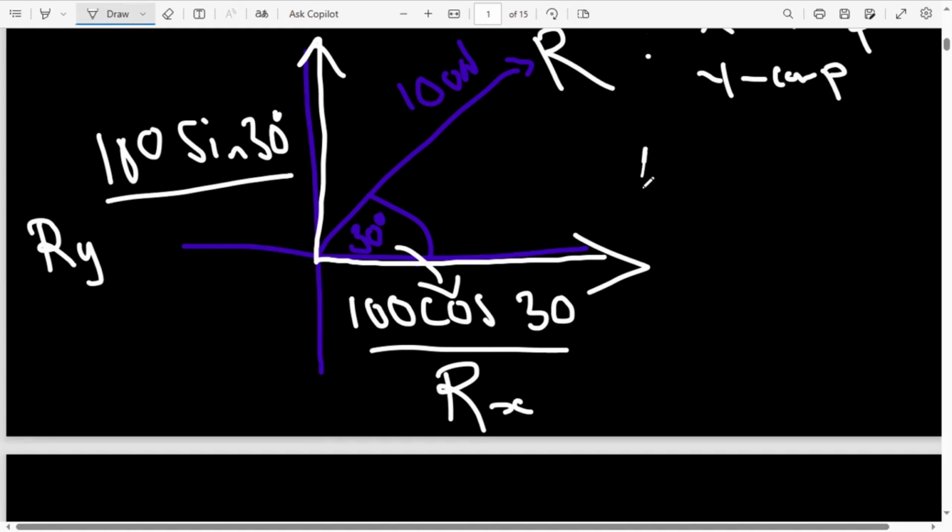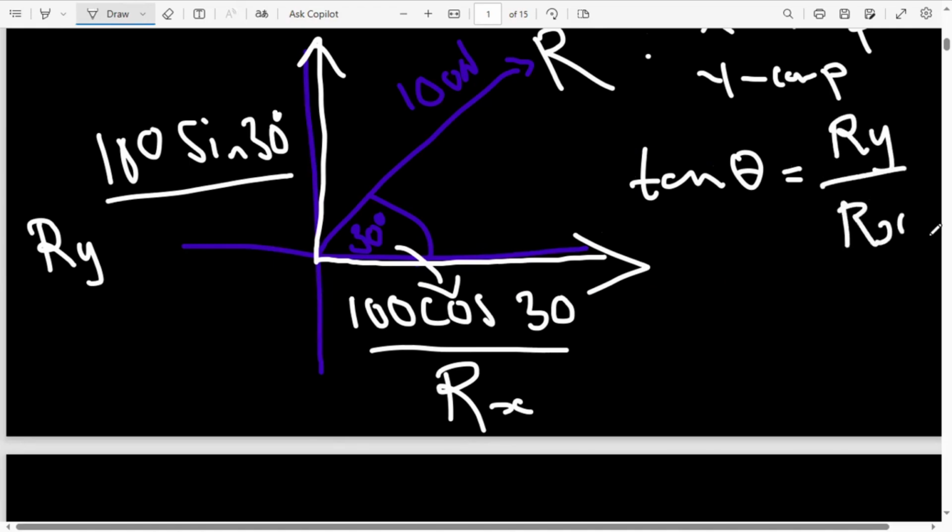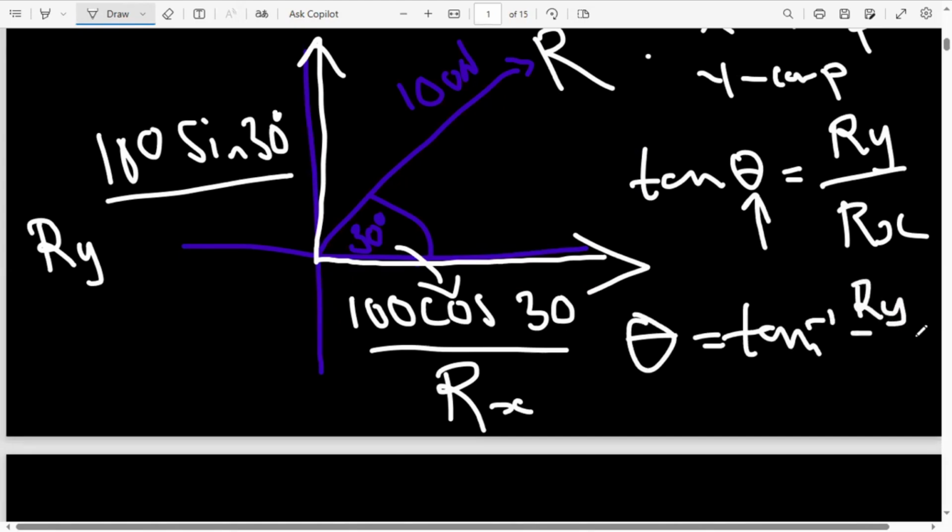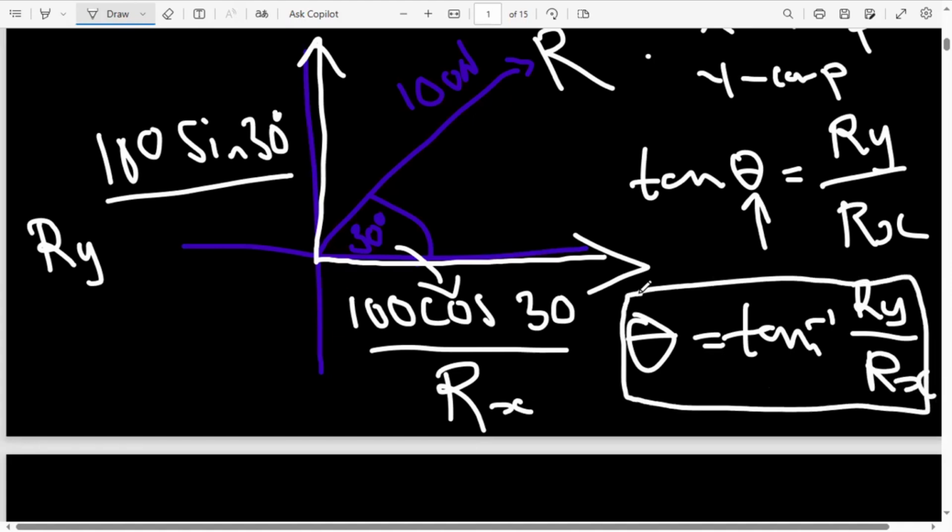You say tan of the angle that is given, which is 30 there, equals the y component on top, and down there you have your x component. If this angle is not given, you can still find it. Angle equals tan inverse of y component divided by x component. This formula will be very important to use.